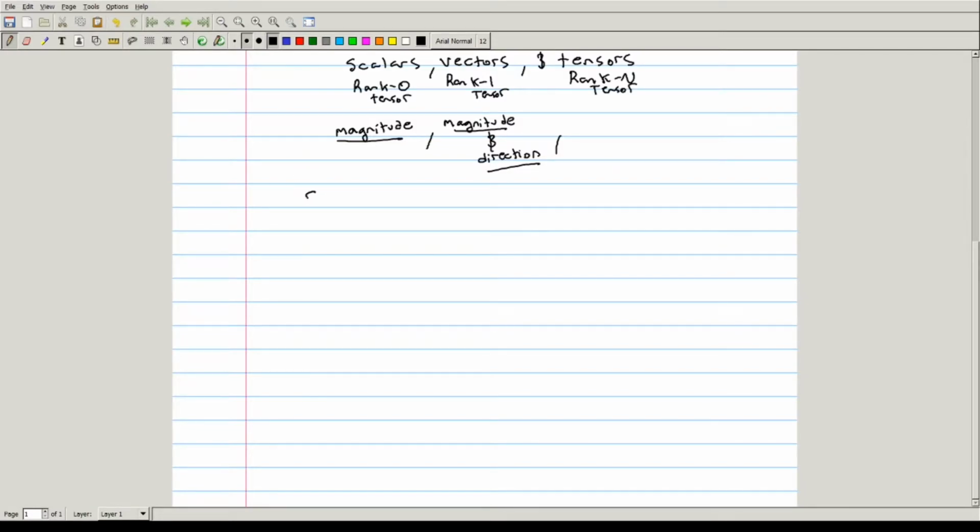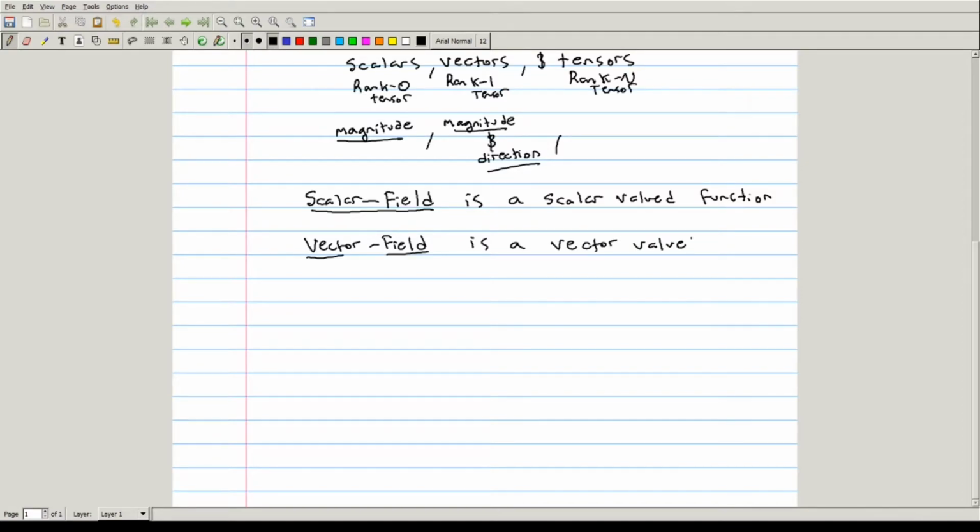For instance, a scalar field is a scalar valued function, a vector field is a vector valued function, and we can also have a tensor field, a higher order tensor field, which is a tensor valued function.